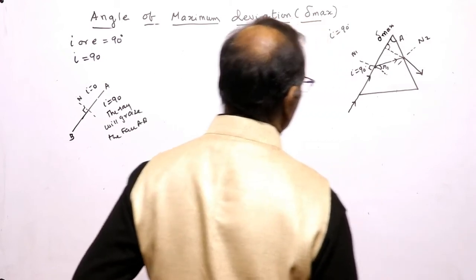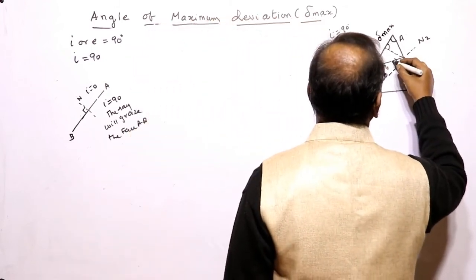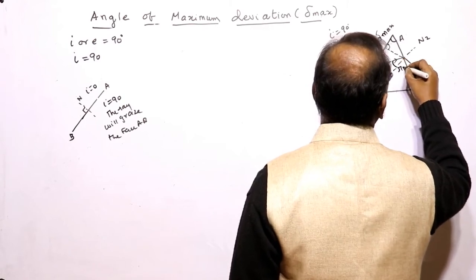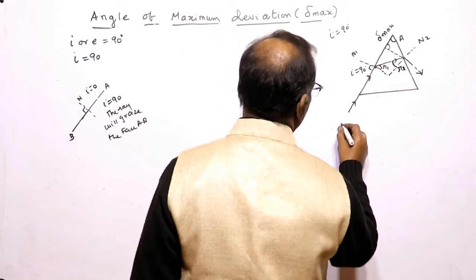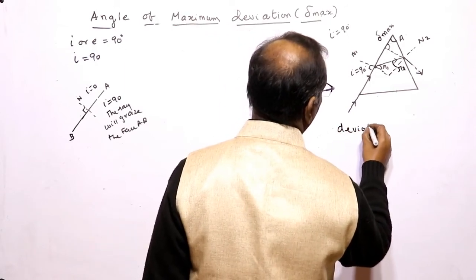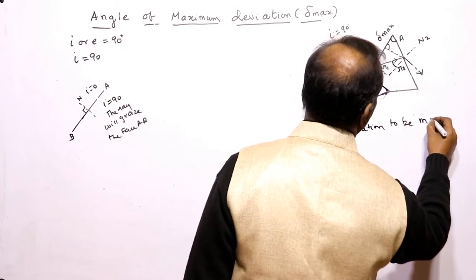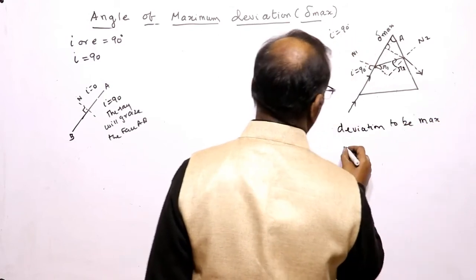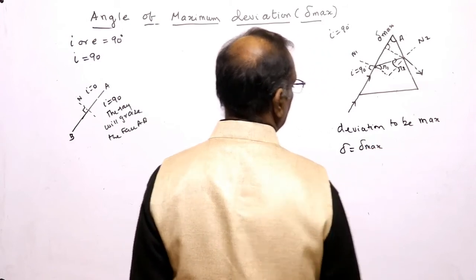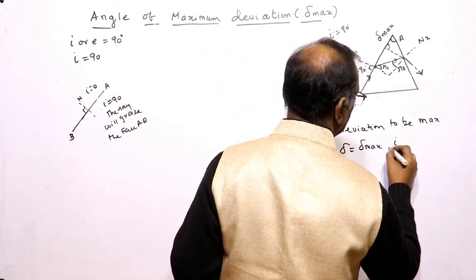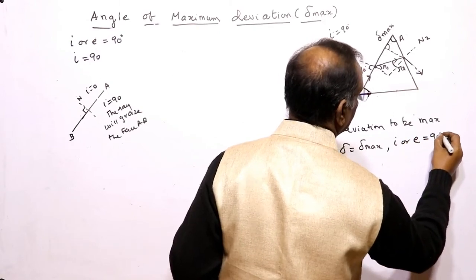This angle is R2. So for the deviation to be maximum, that is rho equal to rho max, either I or E should be equal to 90 degrees.